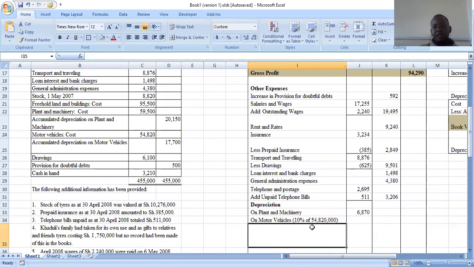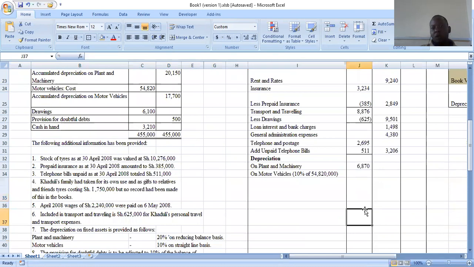That is the depreciation on motor vehicles on straight line basis, which is a constant amount. So kila mwaka watakuwa na charge that amount. That is the 10% of 54,820, which is 5.482 million. Hapo kila mtu tuko sawa, si ndio?